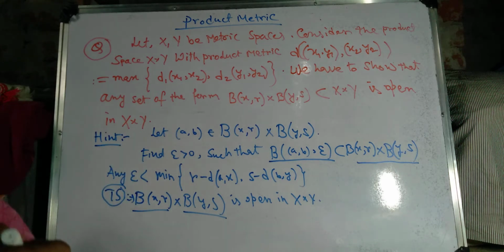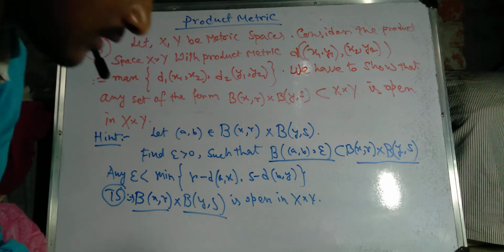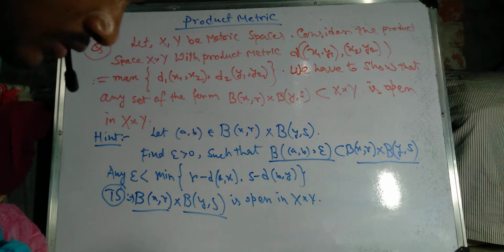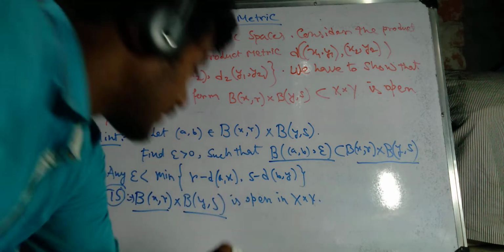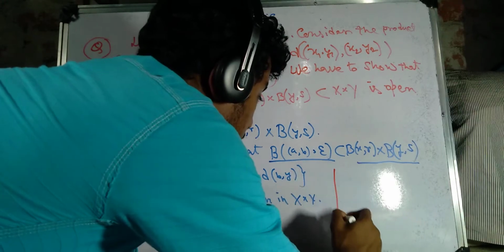Now we prove these things with the help of this hint. How do we prove it? Simply, first we let this point, then find epsilon. That means we have to find epsilon, and here epsilon is also given. We take this picture also.